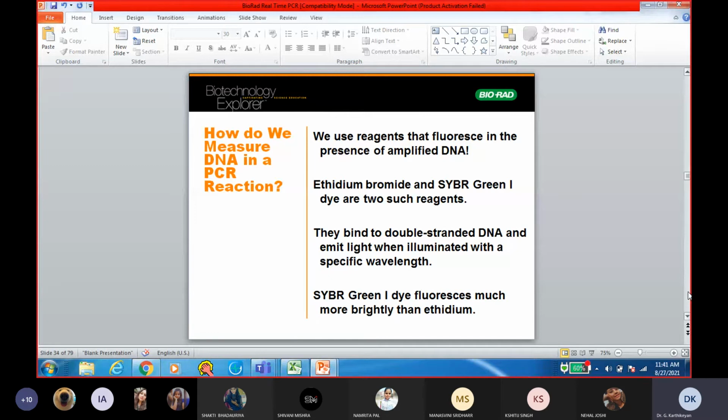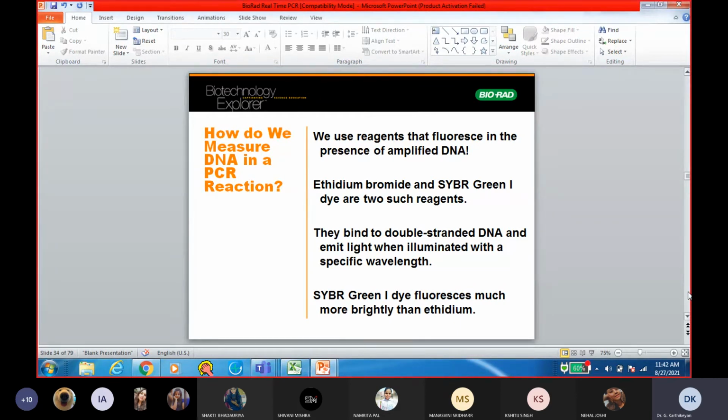People started using another dye called SYBR Green. Okay, so SYBR Green is very much like ethidium bromide, but it is less carcinogenic, less mutagenic, and it gets degraded in the environment very easily. Ethidium bromide is carcinogenic. It could be toxic.